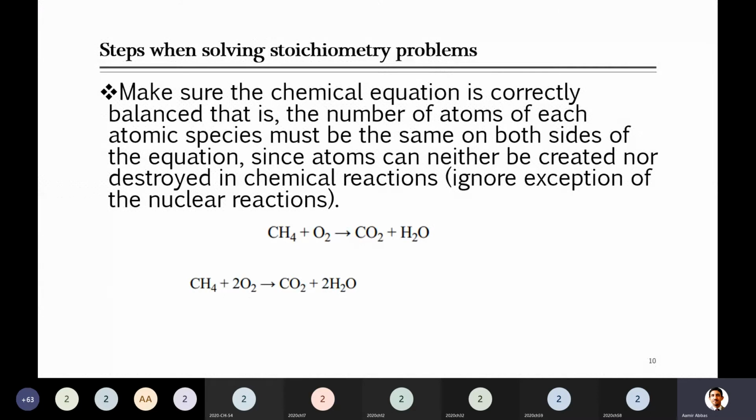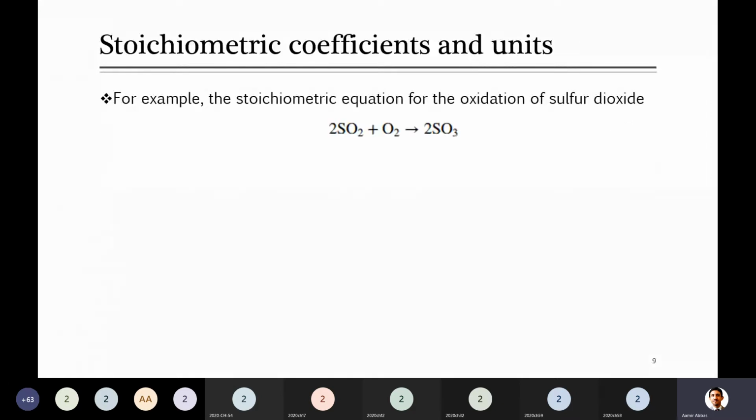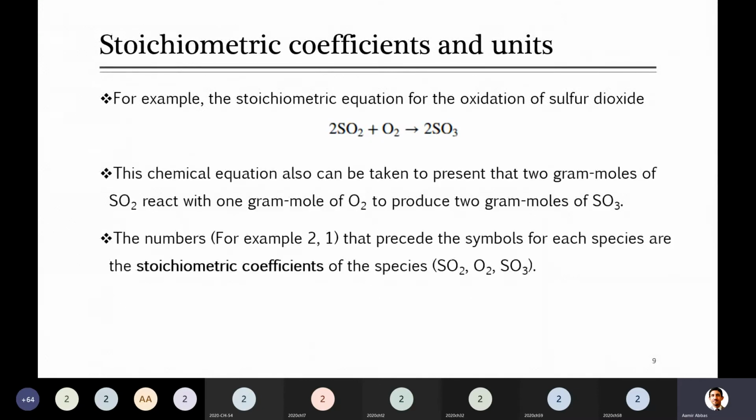Whenever you write the equation, it should be a balanced chemical equation, as I said in the last example. Here this equation is balanced. Balanced means, again, that the number of any element on one side of the equation should be equal to the number of that element on the other side.